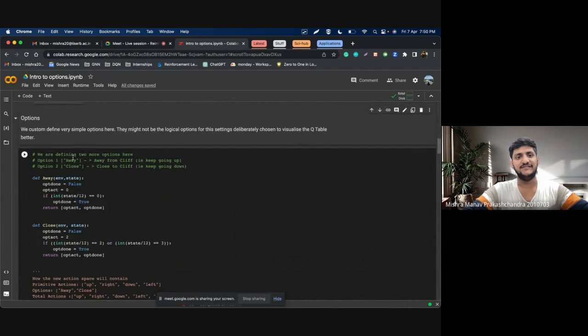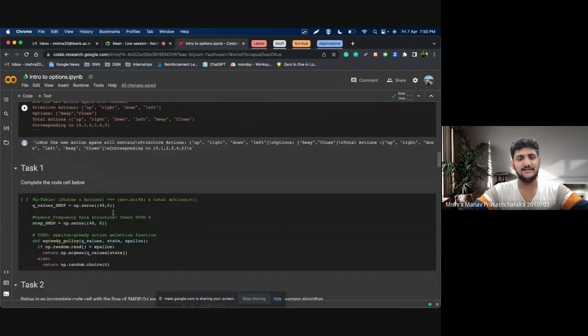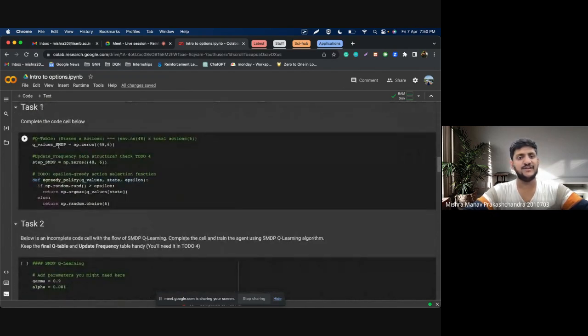So here we define simple options. We have done that. So the code is we compute the Q values for the SMDP. Since this is a 12 cross 4 grid, we have 48 states and 6 actions, so 48 comma 6. This updates the frequency data structure. And this is the exploration policy, which is epsilon, any exploration strategy. Here we are using epsilon greedy.